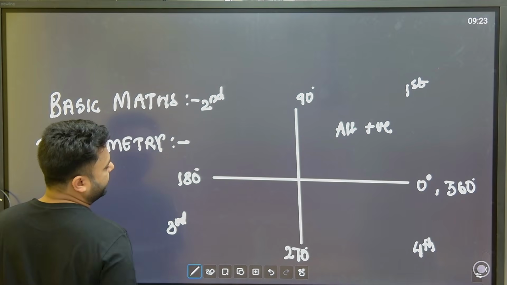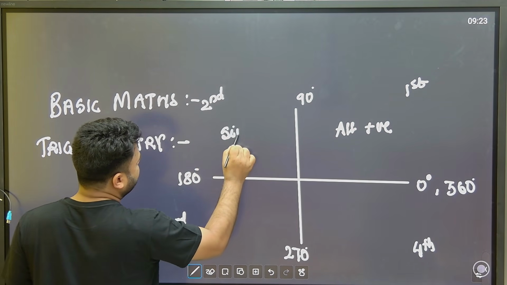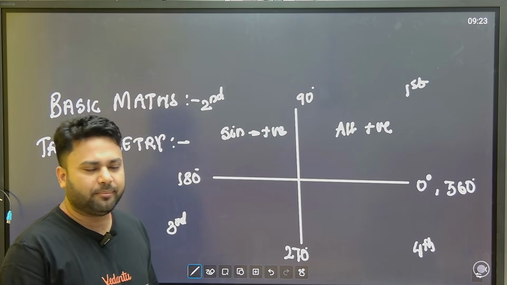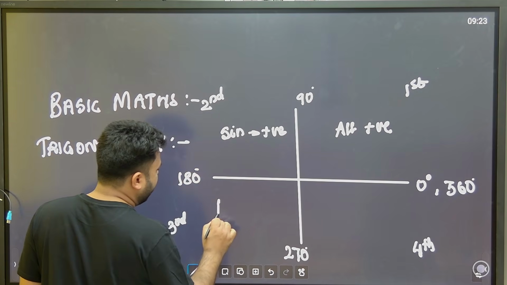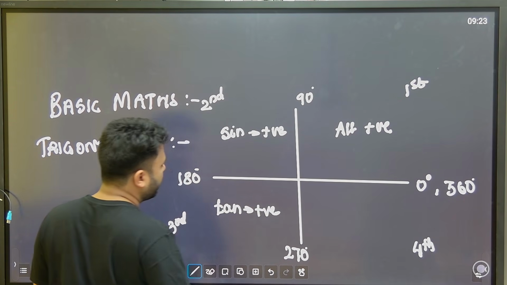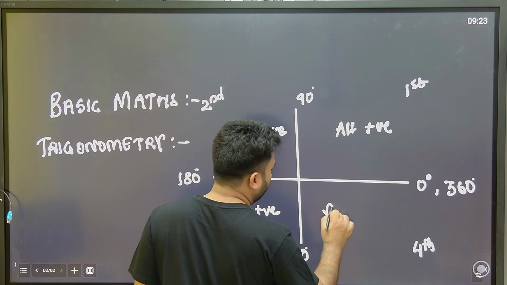In the second quadrant, from 90 to 180, only sine theta is positive. From 180 to 270, tan is positive. And from 270 to 360, cos is positive.